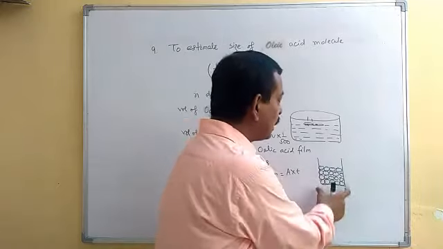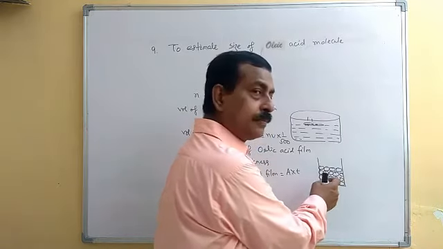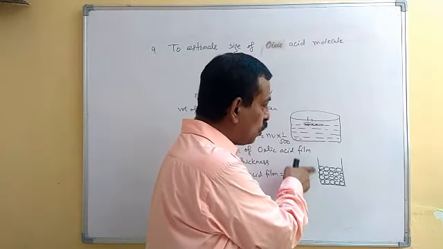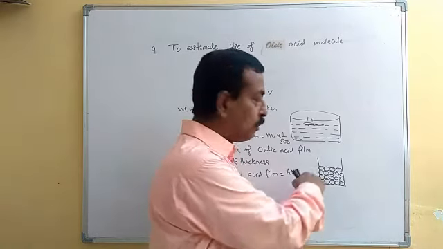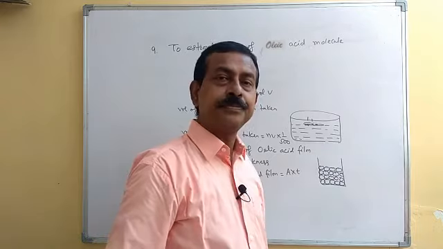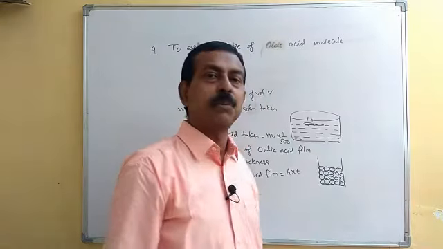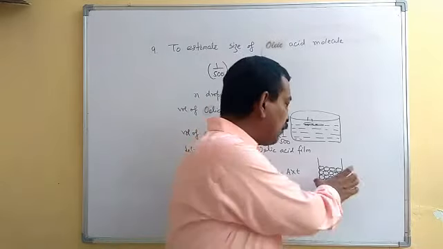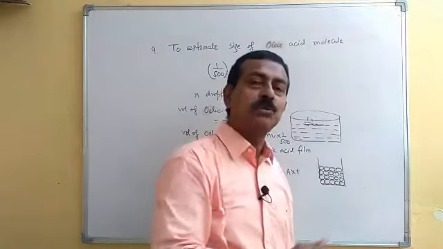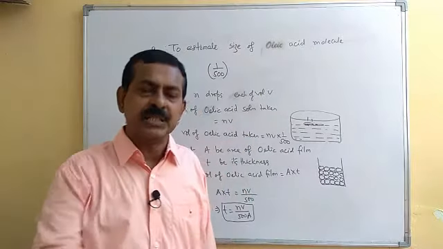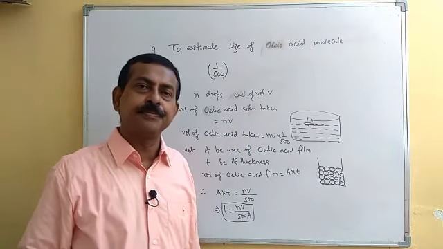Suppose this is a container in which we have marble balls kept. You can see we have so many marble balls forming different layers, say 4 layers. If I take the marble balls of this container and pour them in the room, they will spread over its surface.